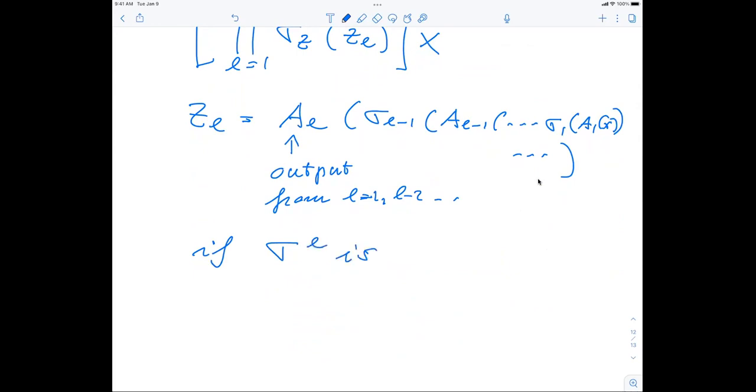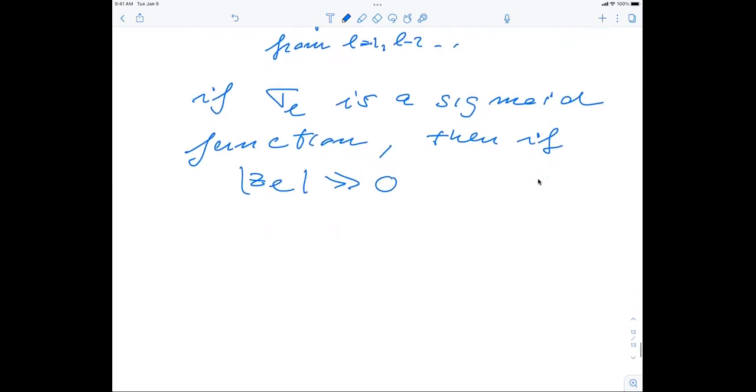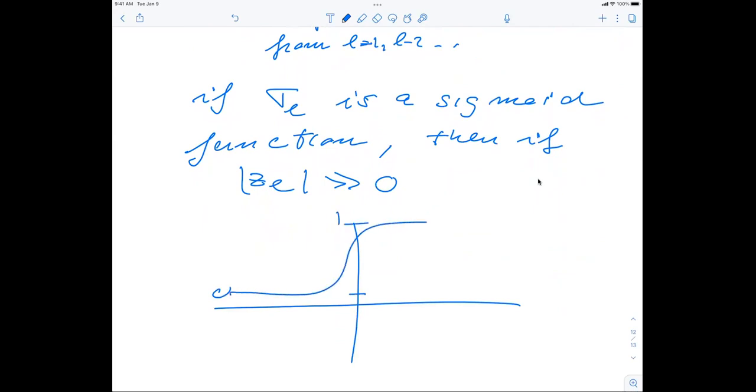So now if we look at the case of the sigmoid function, if this sigma L is a sigmoid function, then if this argument z of L, the absolute value, is much, much larger than 0, then if we look at the sigmoid function, if we plot it, so suppose we make a plot of the sigmoid function, with 0 here and 1 here, the sigmoid function takes a value like this.